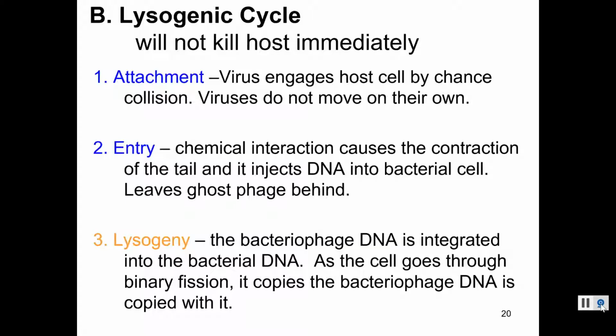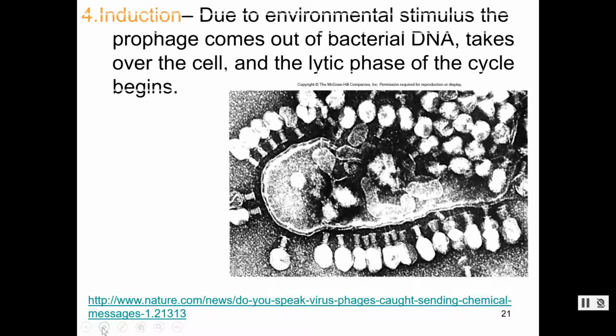Okay, so back to lysogeny, the lysogenic cycle. We have attachment, we have entry, but this time the viral DNA is integrated in the bacterial DNA, and then the cell goes through binary fission, and the viral DNA gets copied along with it. So this is new.